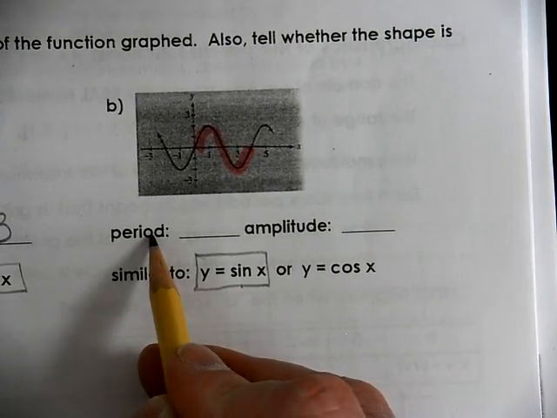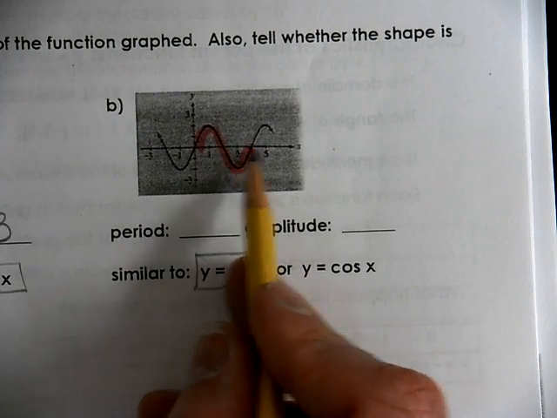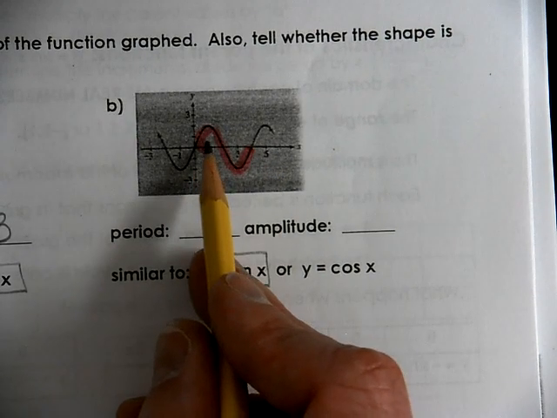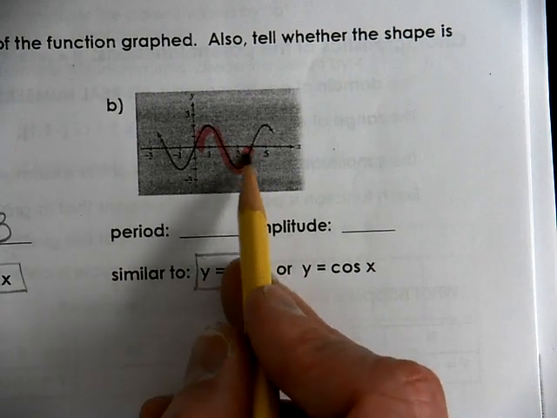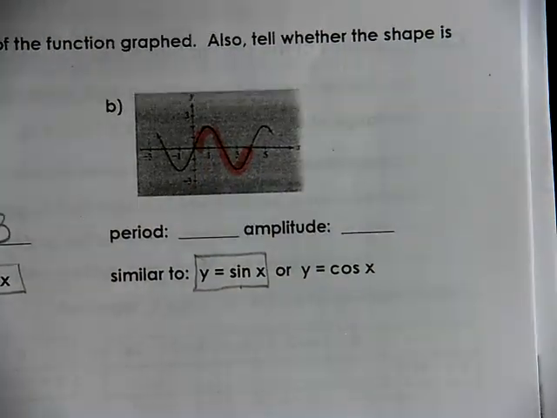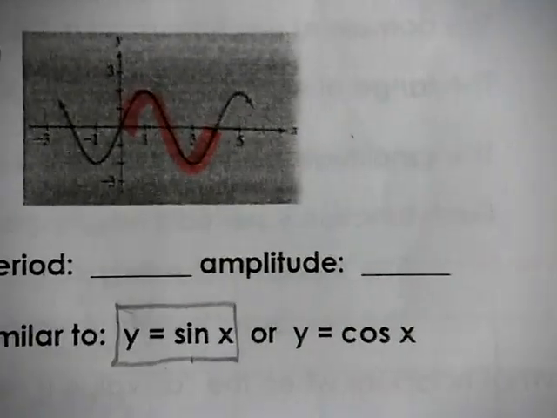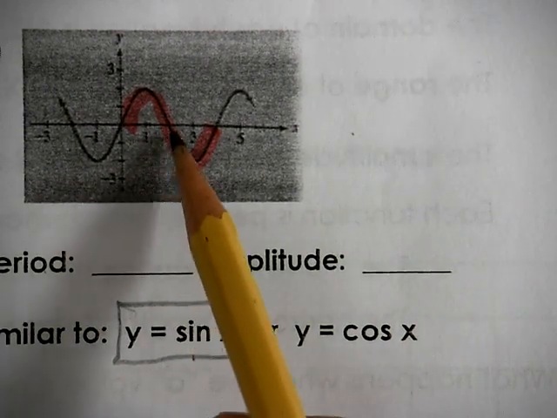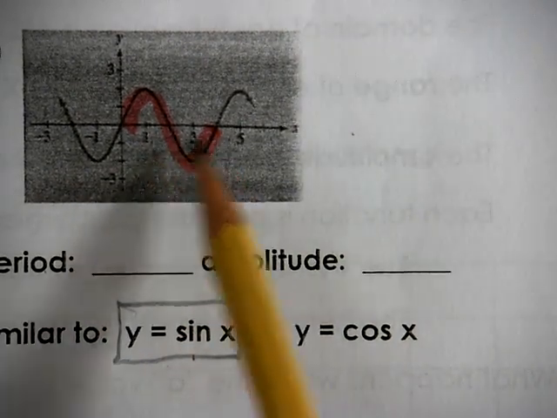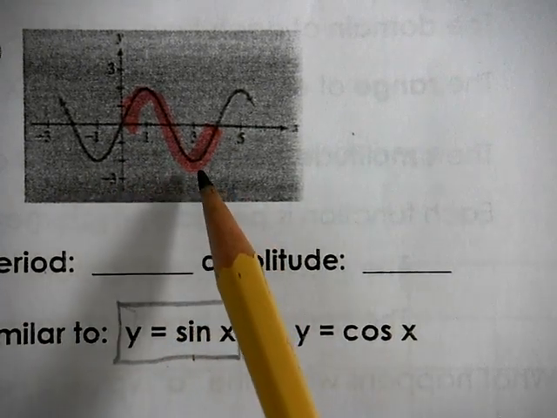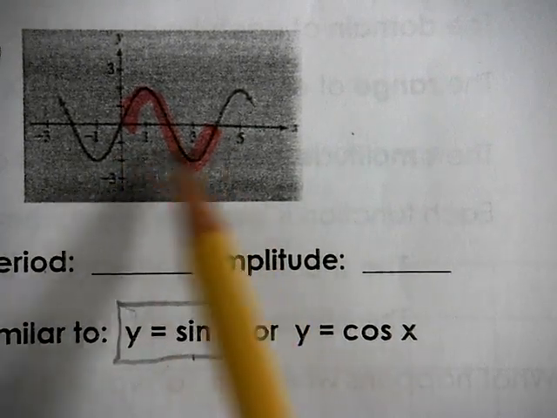What's the period? What is the x value that represents how far the cycle travels to the right? Okay, this is 1, this is 2, this is 3, this is 4. We're not going to throw pi's in there. We'll just call it 4. And what do these numbers even mean?